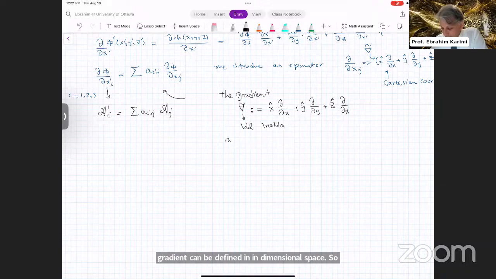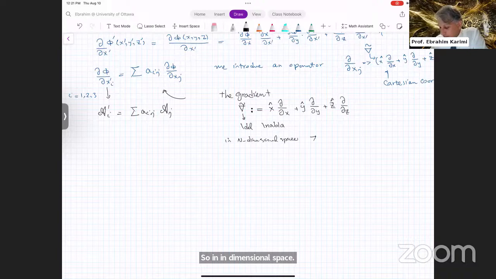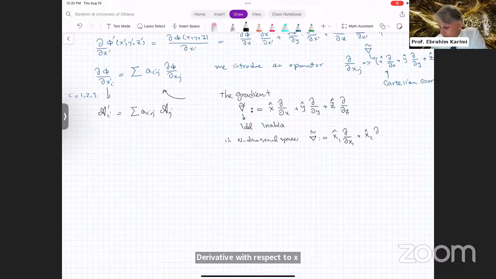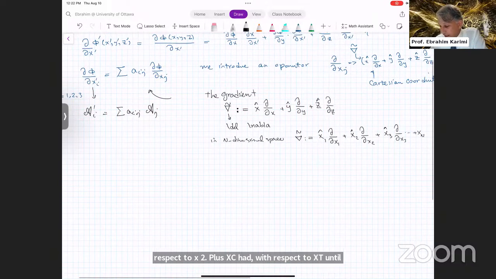So in n-dimensional space, gradient can be defined as x1 hat, which is a unit vector along the x1 axis, derivative with respect to x1, plus x2 hat derivative with respect to x2, plus x3 hat derivative with respect to x3, until you go to xn hat derivative with respect to xn.